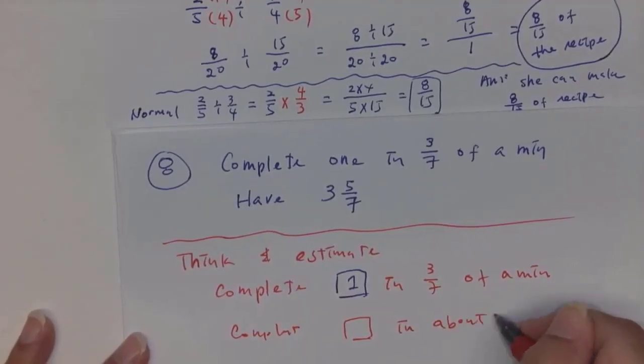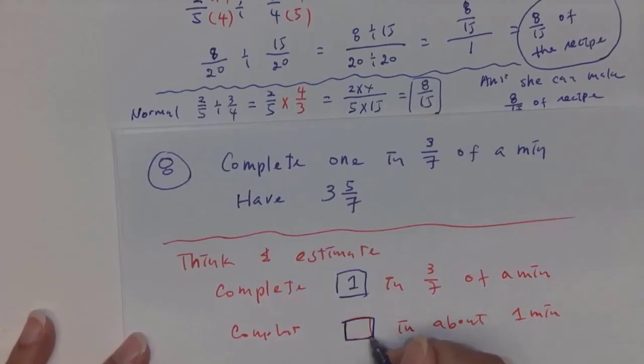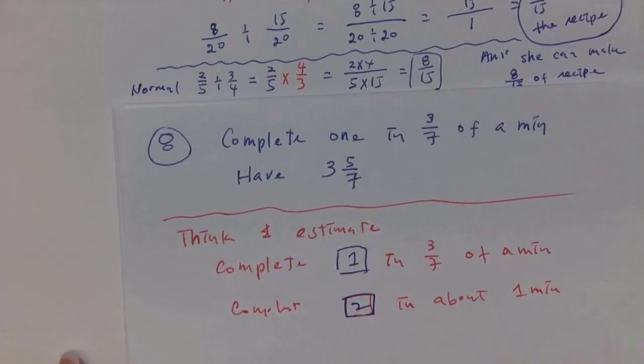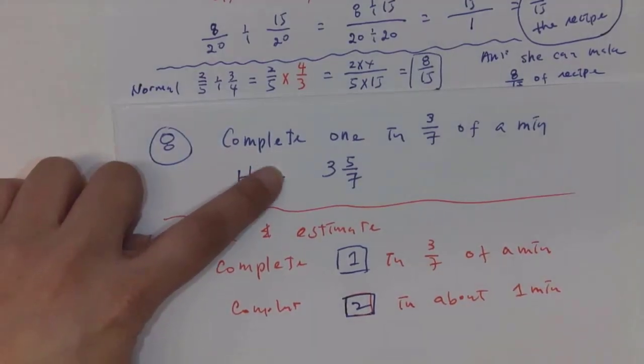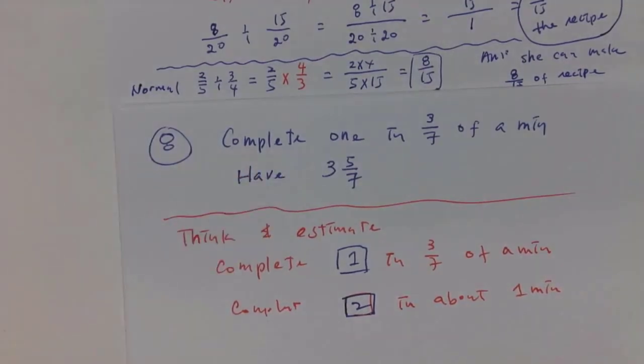Earlier you say 2 per minute. 3/7 plus 3/7 equal to 6/7 earlier, right? That's what we talked about, so I just write that out.